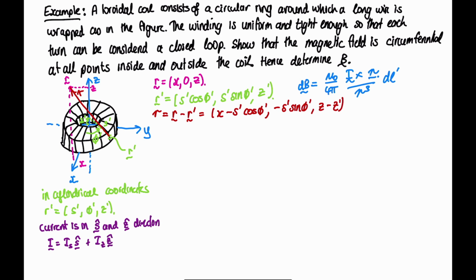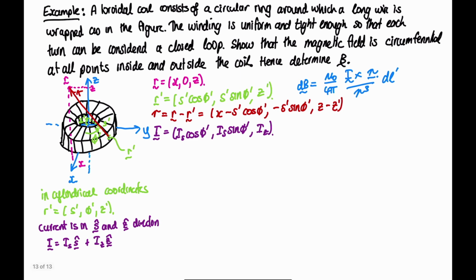And so if we want to write this in Cartesian coordinates, we can write I is equal to I_S cos phi prime, I_S sine phi prime, and in the Z direction it's I_Z. I should have put a little squiggle under that as well because that is also a vector. Okay, so now we have written down expressions for all our vectors in this equation.